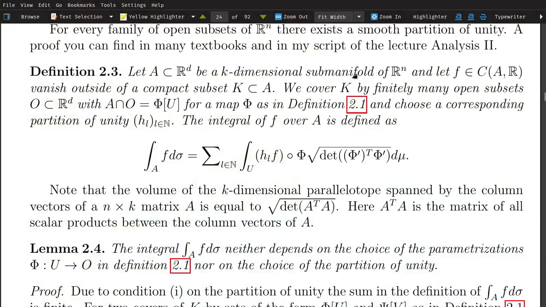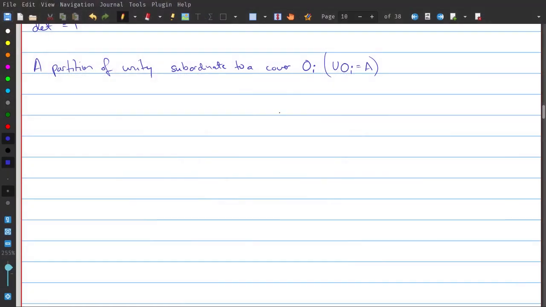So A is the submanifold in this case. It is a collection of smooth functions, let's say h_i, so that the following properties hold.